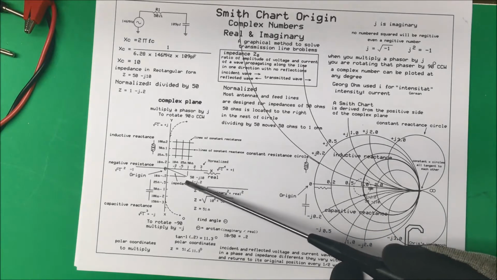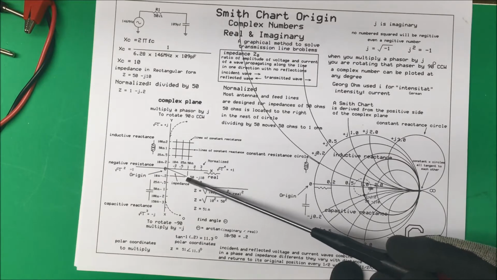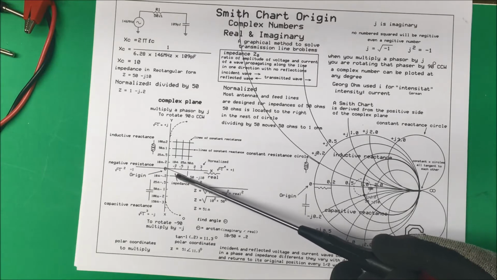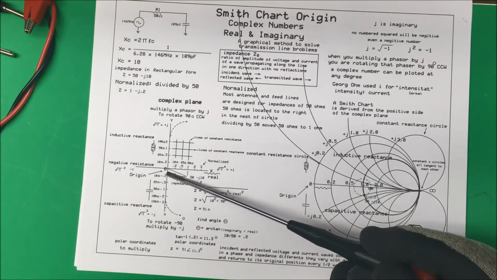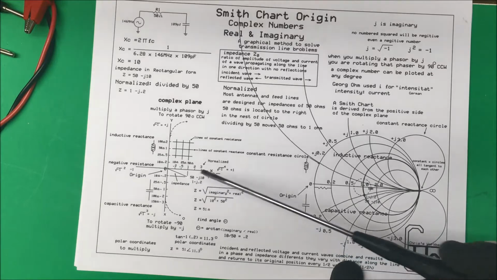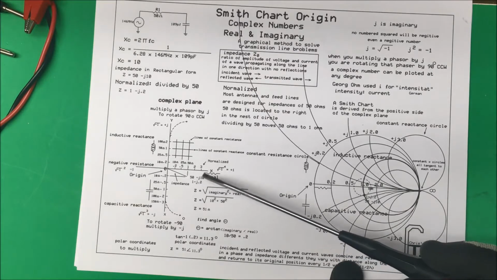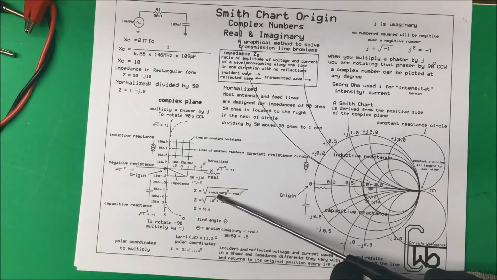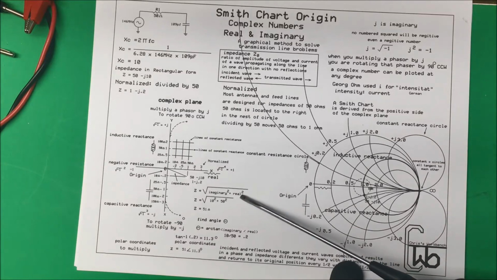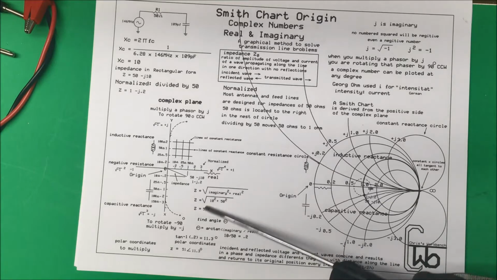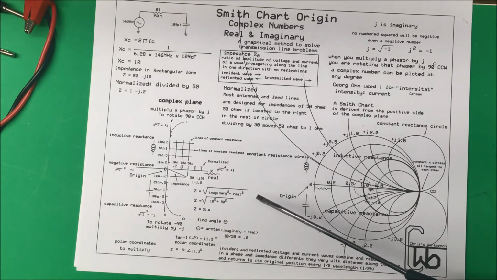Now, you can find the actual impedance, if you want it in ohms. It's the length of this hypotenuse right here. To calculate that, you can use Pythagorean's theorem: take the imaginary number squared plus the real number squared, and take the square root, and it comes out to 51 ohms.